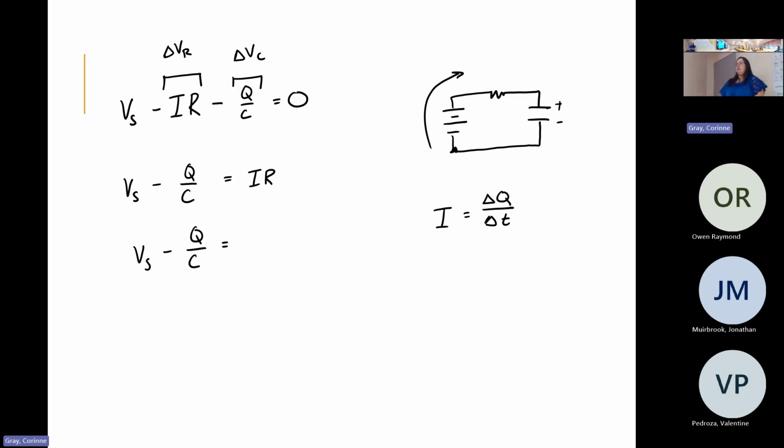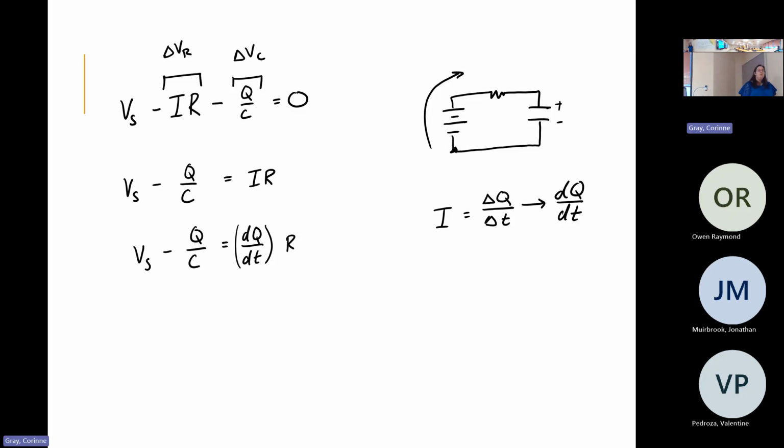As time approaches 0, what do these deltas become? Smaller. What mathematical thing are we technically doing as we get closer and closer to 0 for delta t? Taking a limit, so we can transform this into dq over dt, times the resistance value.